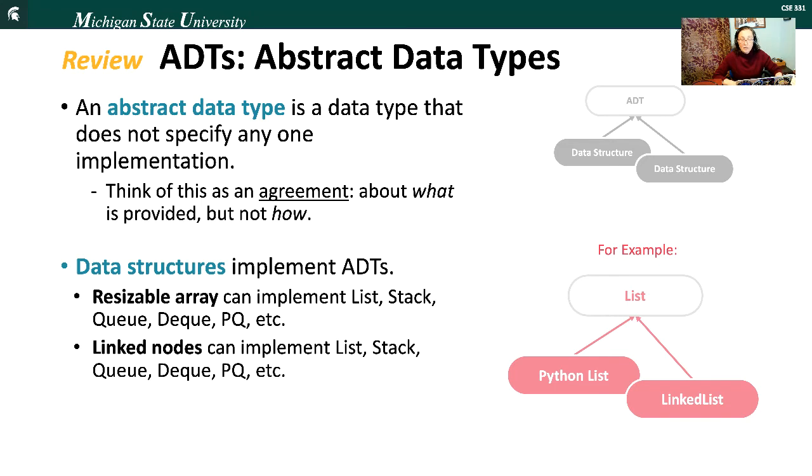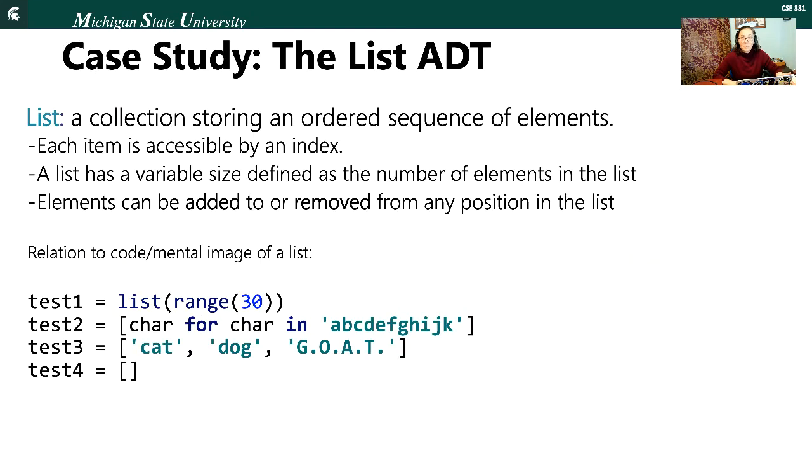So let's take a look at Python's list. What is it that it can offer to us? Well, Python's list is a collection. You will see me refer to it a lot like a container, the same as you saw in your Java or C++ class as array lists. It's a collection where you can add elements in an ordered sequence.